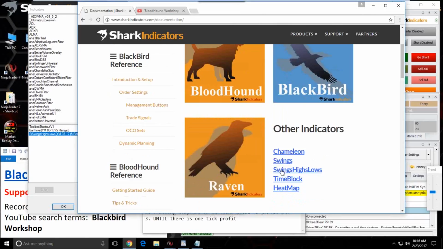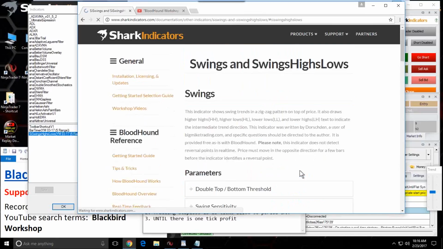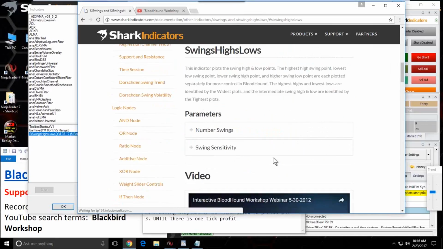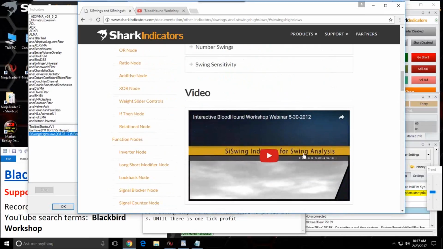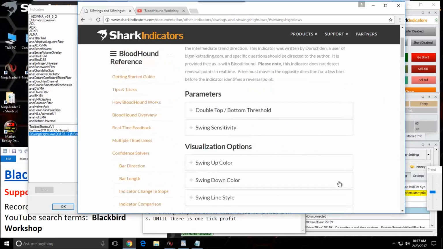You can see other indicators, and then there's the swings, highs, lows right there. We can click on that, and that takes us to the swings, highs, lows documentation page. From there you can learn more about this indicator, and there's a video that was done a while back that goes into a lot more detail on it.